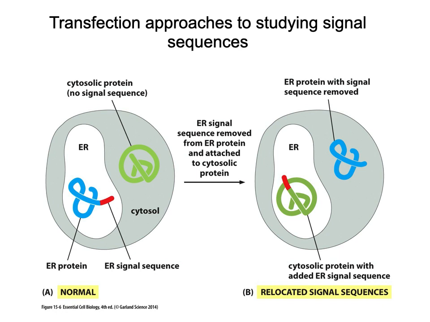We can look at its sequence, but we can know the relevance of that sequence, because if we remove that sequence, it's going to no longer go to the ER. It's going to go into like the cytosol. We could insert a sequence that tells it to go to the nucleus, right, or the mitochondria. And so we can change the location which it goes by changing that signaling sequence.